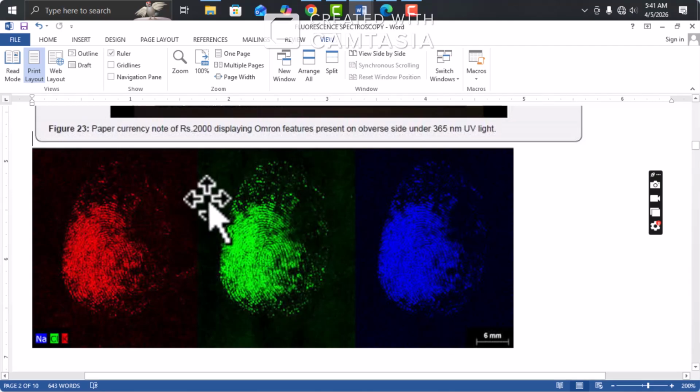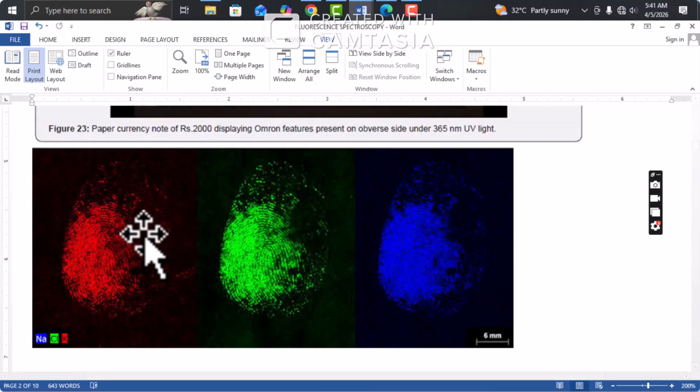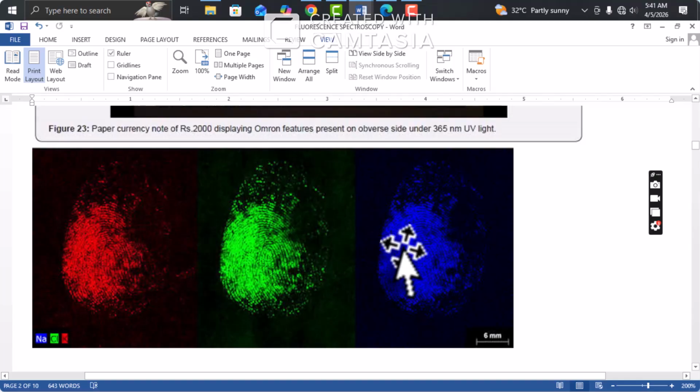So even our body fluids can also give off fluorescent light when subjected to UV radiation. These are fingerprints, and they can come in different colors. Fluorescence can be blue, it can be green, it can be red.